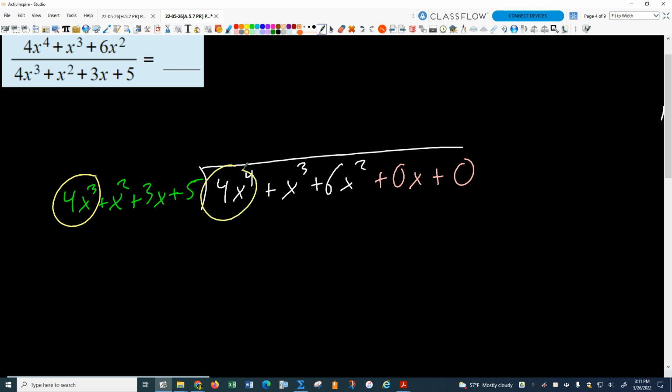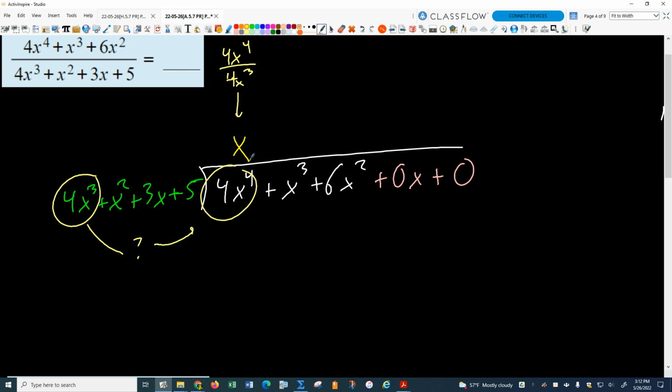And I'm asking the question, how many times does 4x cubed divide into 4x to the 4th? In other words, 4x cubed times what is 4x to the 4th? X. Everybody agree? So I can write it up here if I want to as 4x to the 4th divided by 4x cubed gives me x.